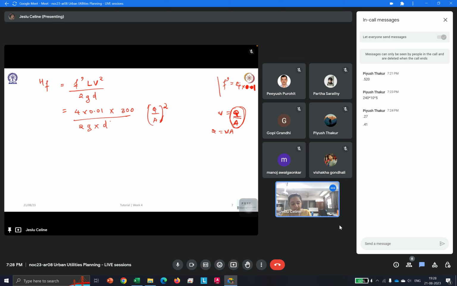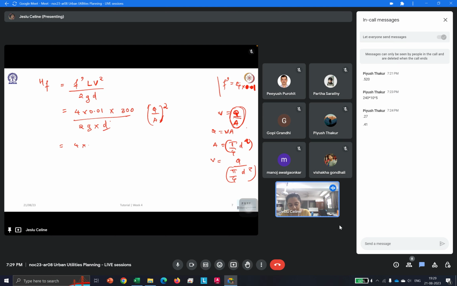A can be written as pi r square, because it's a cylindrical pipe. Since D is already there, I'm writing it in terms of D, so it will be pi by 4 D square. So V would be Q by pi by 4 D square, and I'm putting that over here.